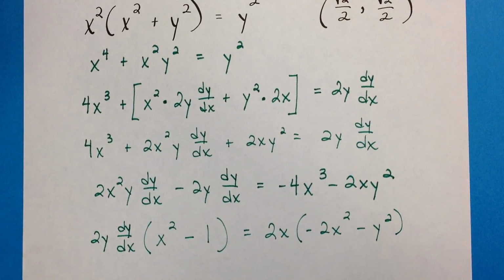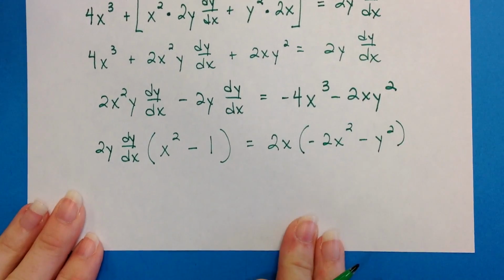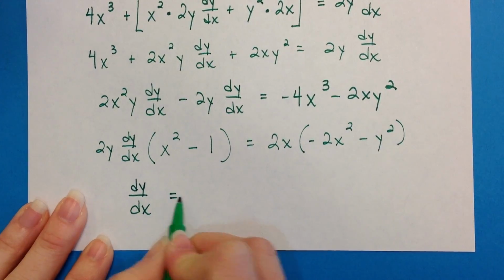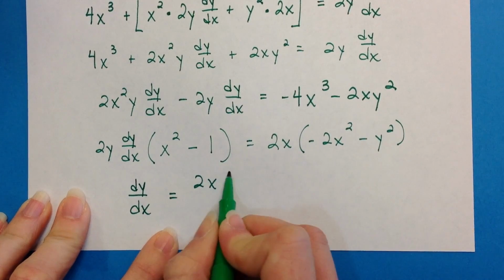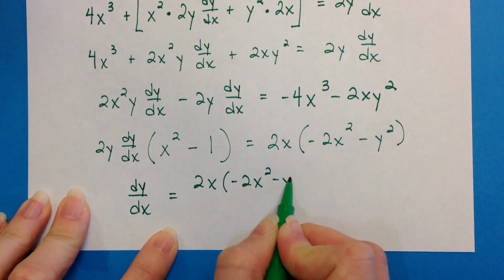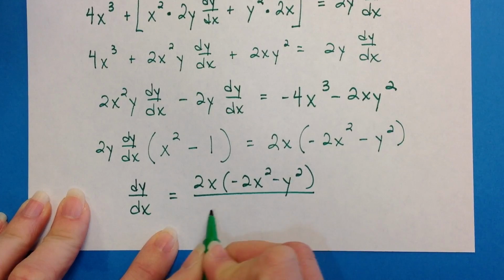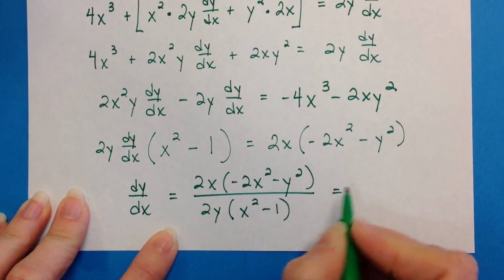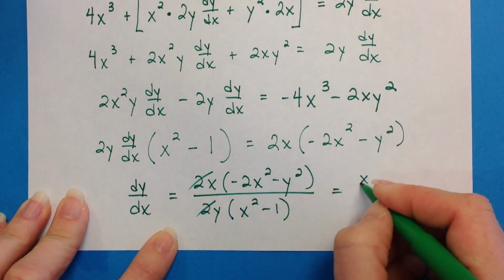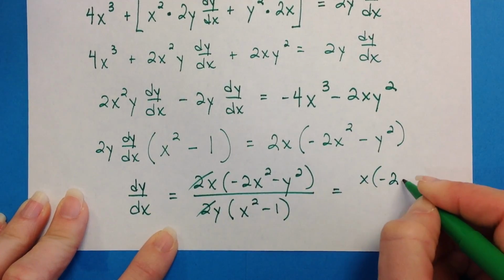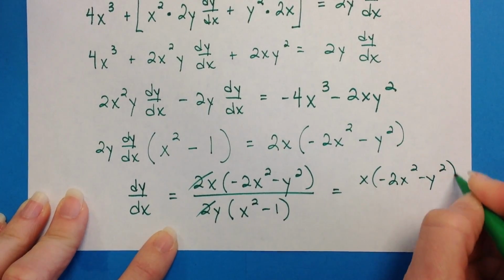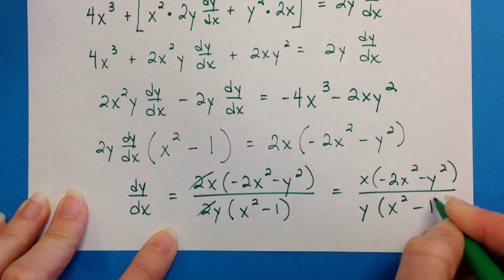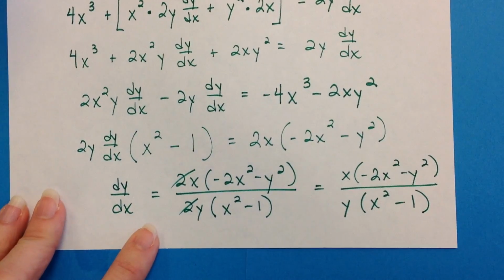Okay, so now I need to divide to get dy/dx by itself, so my 2's are going to cancel out. Like I said, you really didn't have to do that. You'll get the correct answer whether you do that step or not. That's just an option if you wanted to. Alright, so there's your derivative.